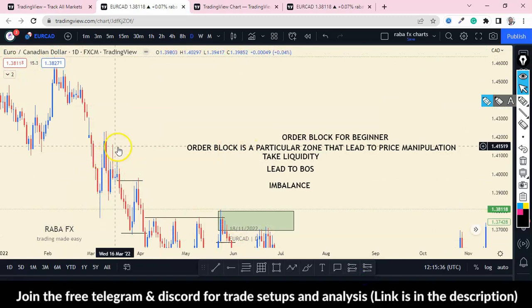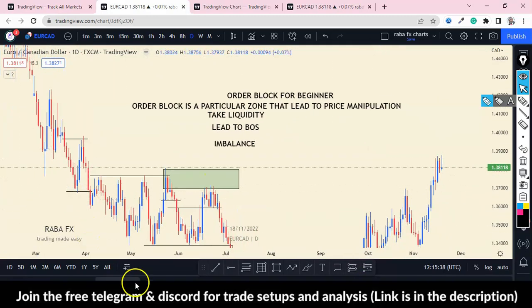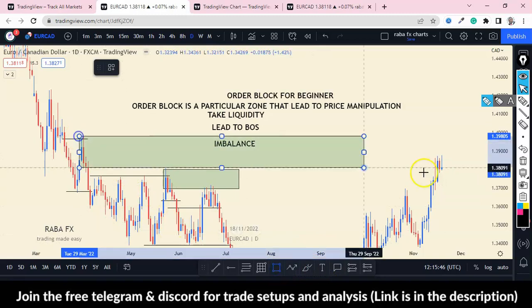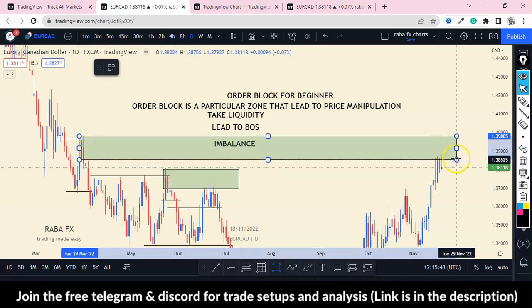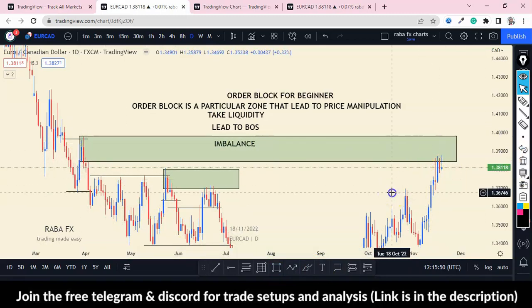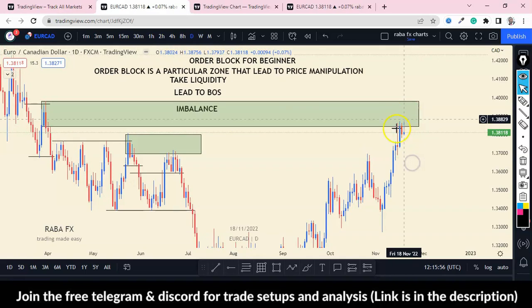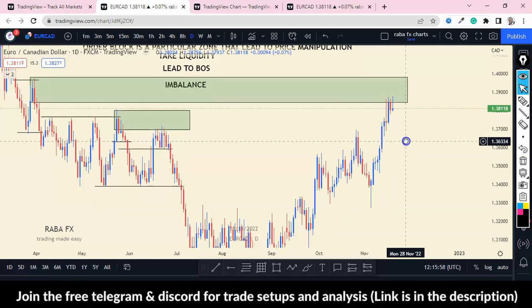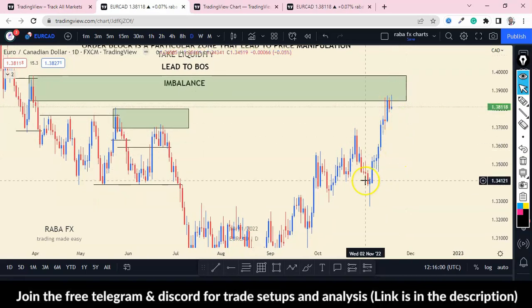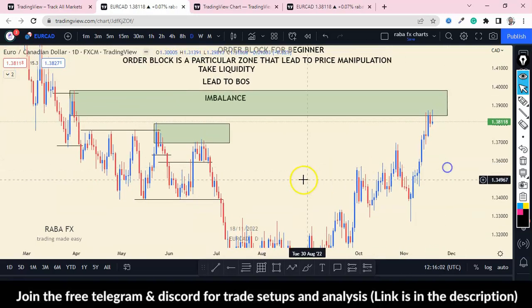Currently, we have the price of Euro USD seated at that zone, and you can see right now price is rejecting from that area. That would have been a good trade for you to take, at least to the downside, before we continue to push higher.